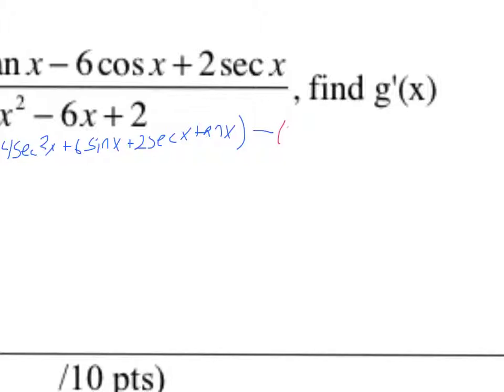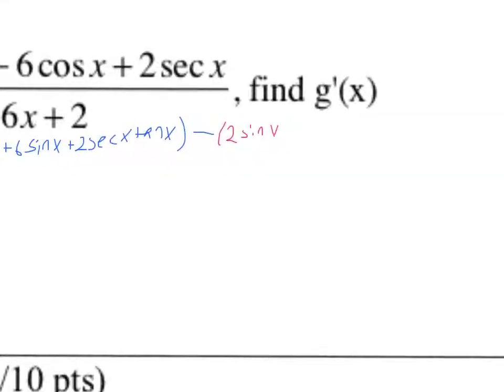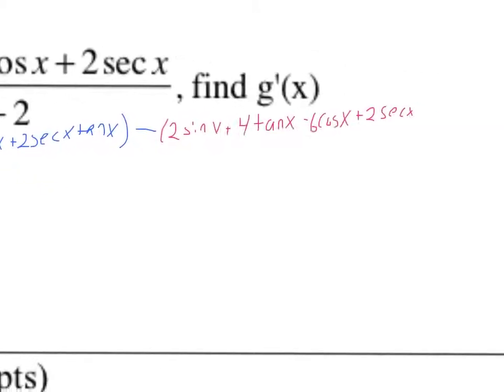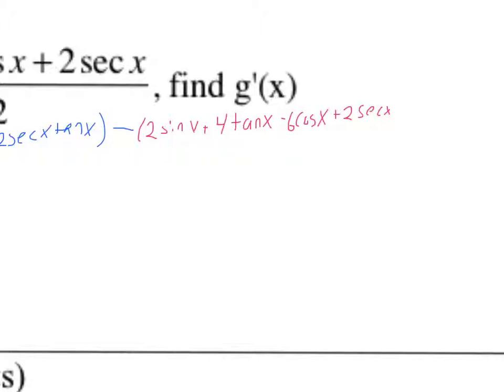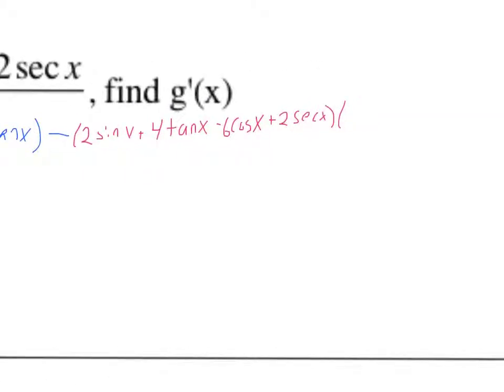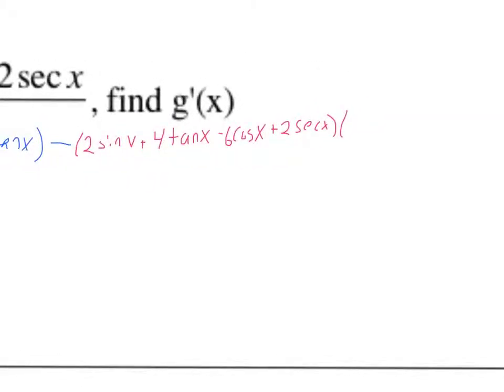the top, which is 2 sine x, plus 4 tan x, minus 6 cosine x, plus 2 secant x, times the derivative of the bottom, which is going to be 4x minus 6.